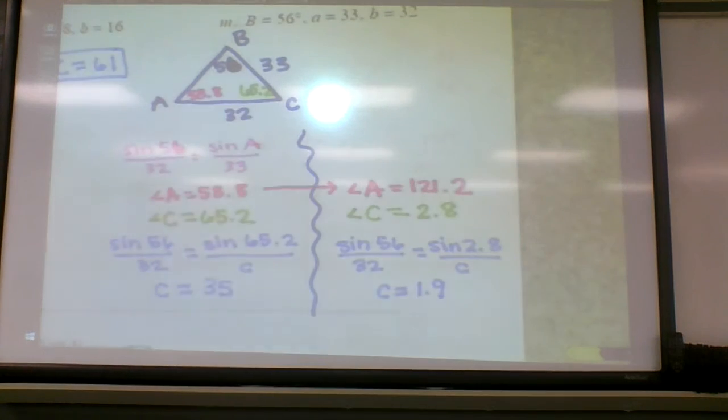I ended up with 1.9. So here's the two possible triangles. It's possible that there is an acute triangle and that there is an obtuse triangle. So it's possible that angle A was acute or that angle A was obtuse.